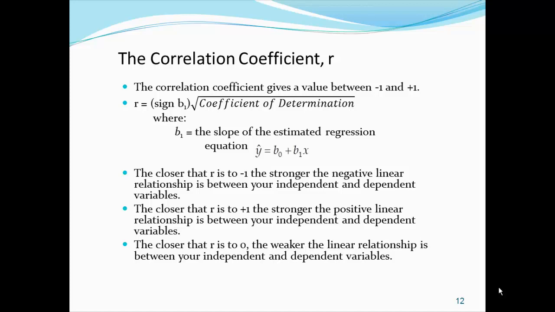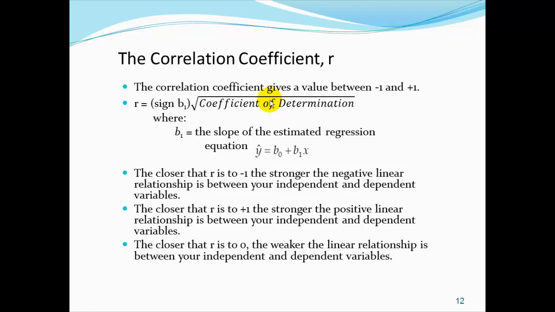The correlation coefficient gives a value between -1 and +1. The correlation coefficient value is equal to the sign of your slope, which is b1, times the square root of the coefficient of determination.